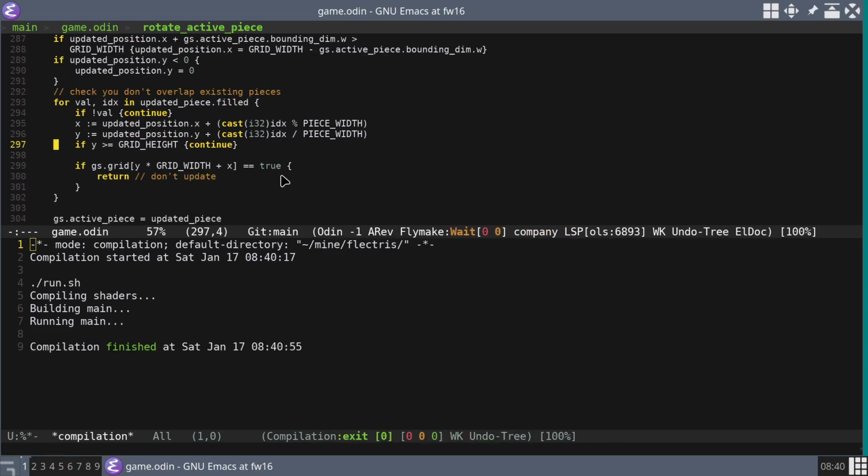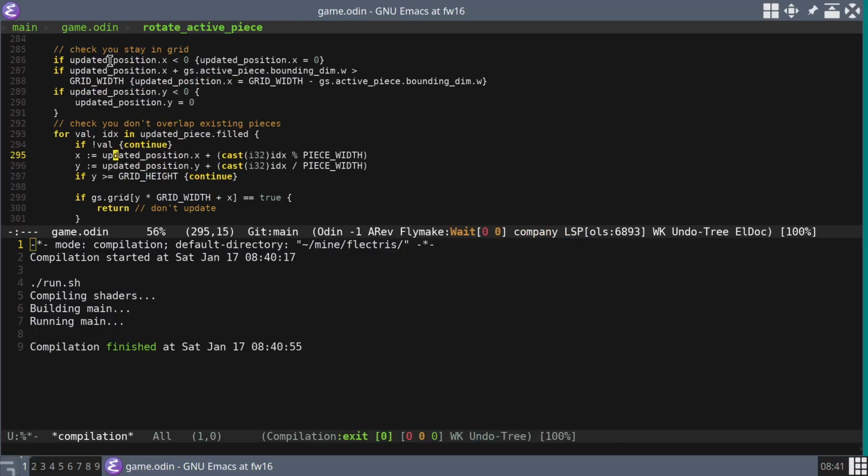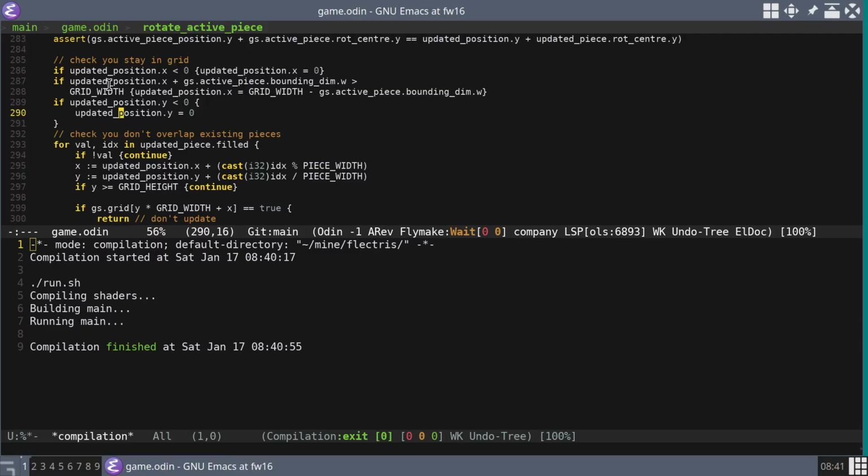Check you don't overlap existing pieces. Updated position dot that greater than grid width, then updated position equals the grid width minus, active piece bounding dim isn't right.